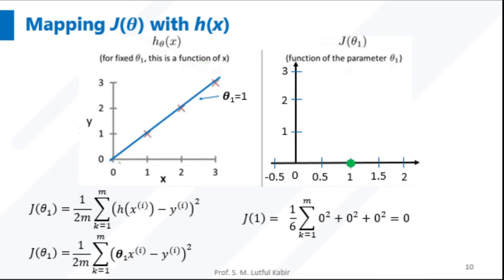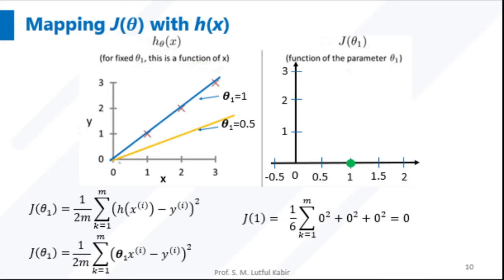What if theta 1 is equal to 0.5? What happens then? Let's go ahead and plot that. I'm now going to set theta 1 equal to 0.5, and in that case my hypothesis looks like this line with a slope equal to 0.5.